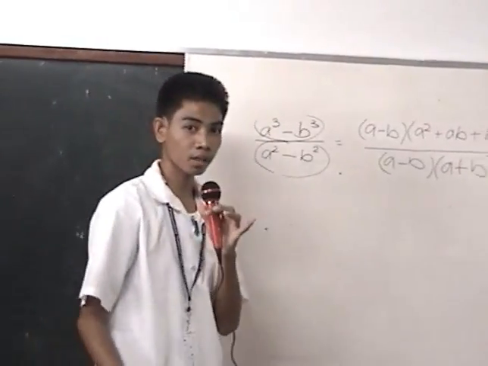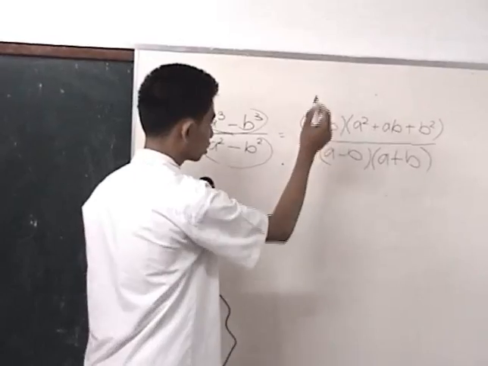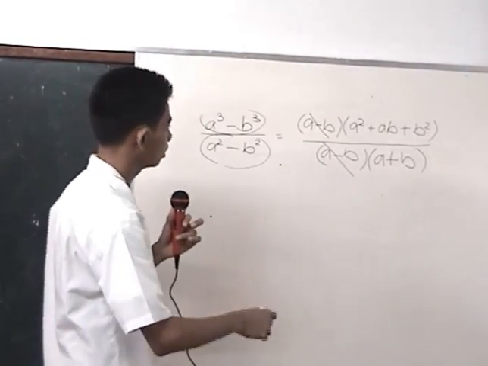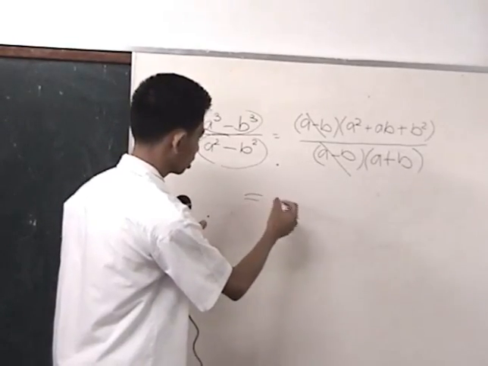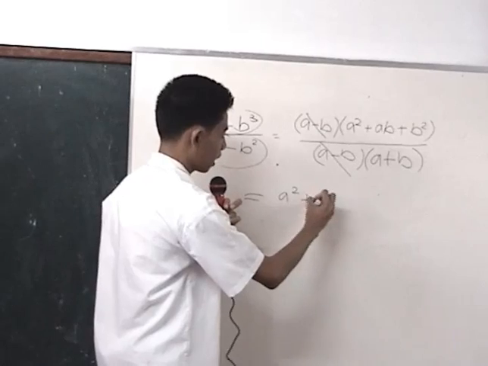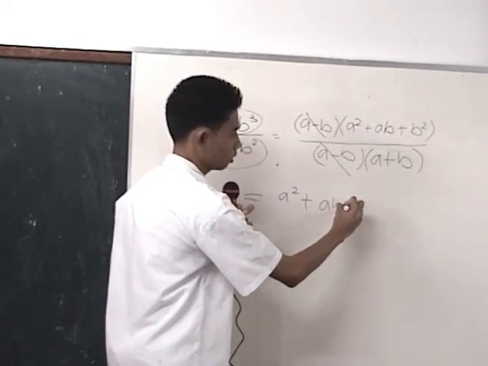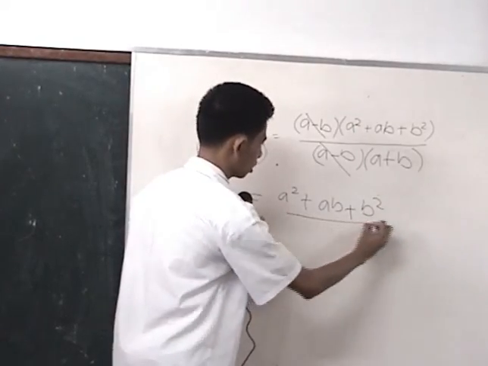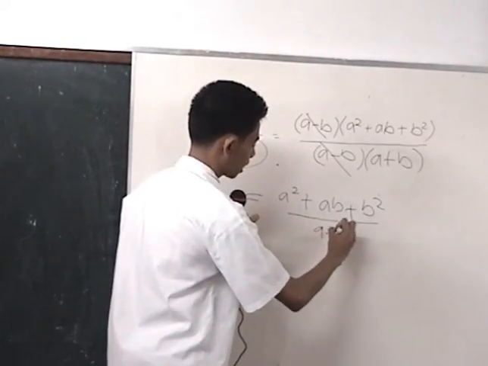We have a common factor a minus b, so we cancel it out. And we have the final answer a squared plus ab plus b squared over a plus b.